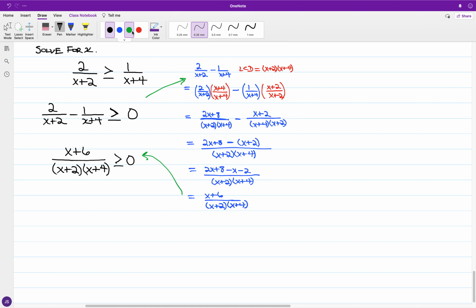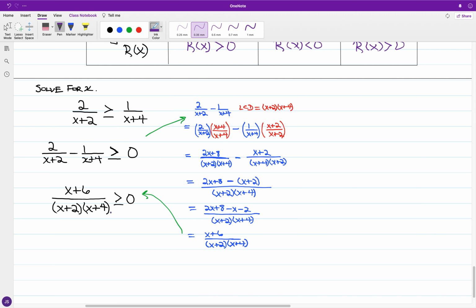So this is our way of saying that we're converting this comparison between ratios inequality to what we have with writing in terms of a consolidated rational expression, in this case greater than or equal to 0.